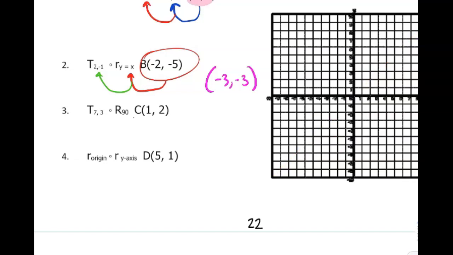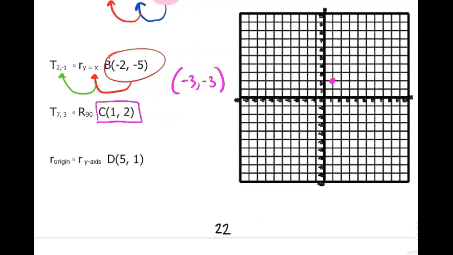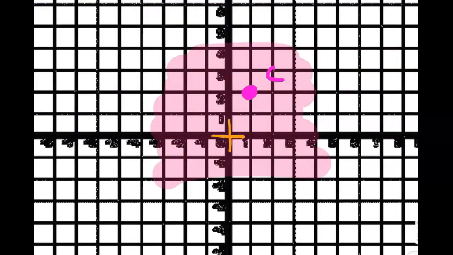Okay, now I'll start with this one. 1, 2. It's right here. So there's point C. First, I'm going to rotate it 90 degrees. So if I used patty paper, you can look up the rule if you want. 90 degrees, and that's always positive, as counterclockwise is positive.